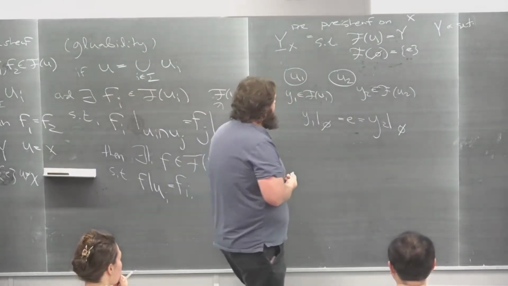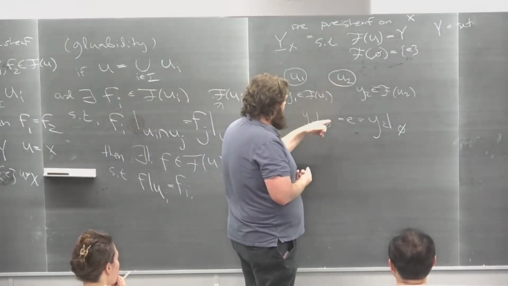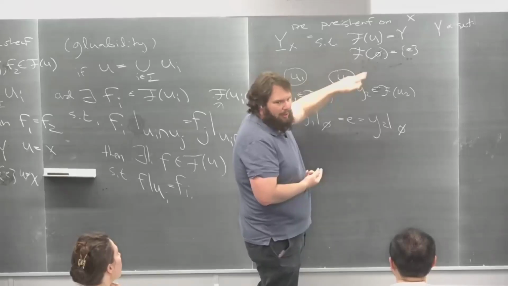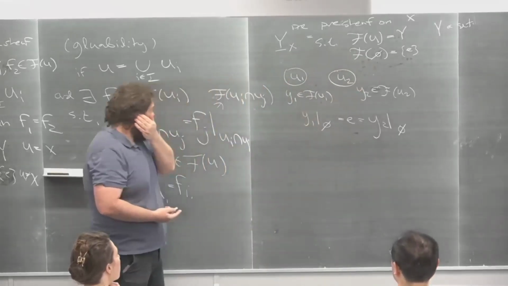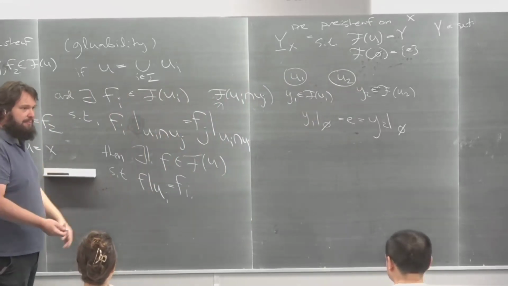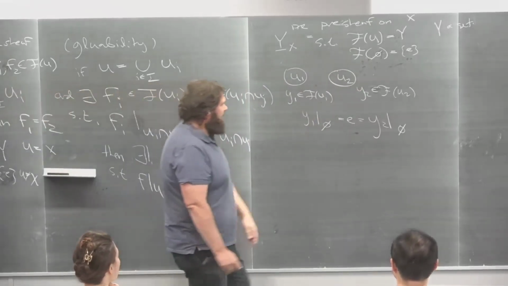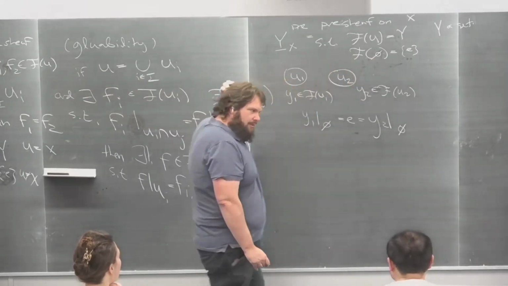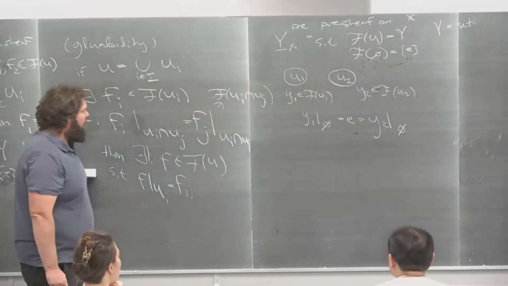The only thing I need here is that these guys are mapping to the same element of F of the intersection. So there are lots of other examples you could come up with. This is just kind of a natural one to try to see what's going on here.